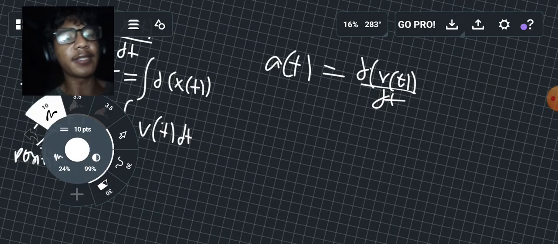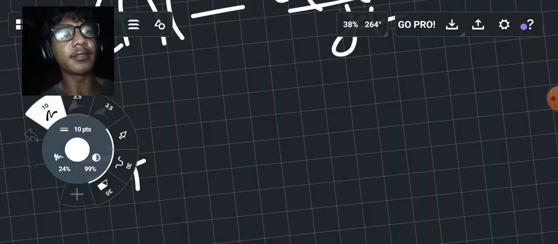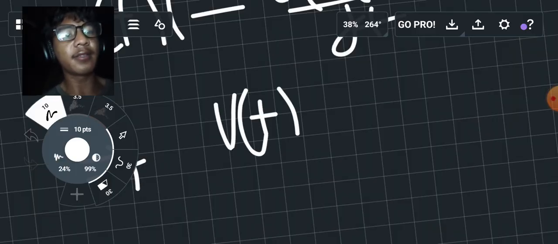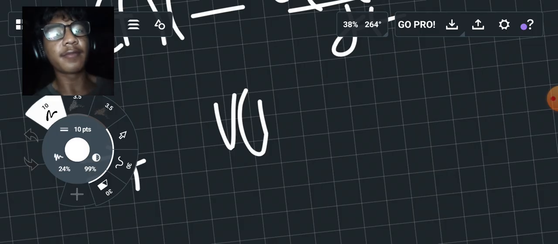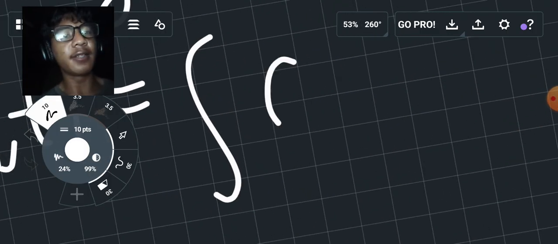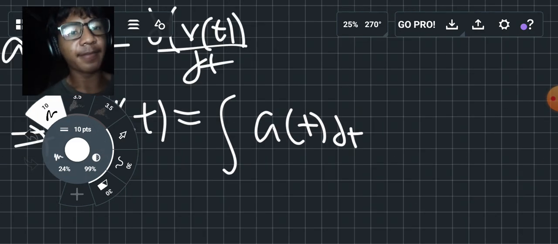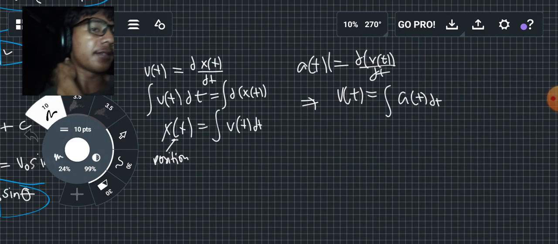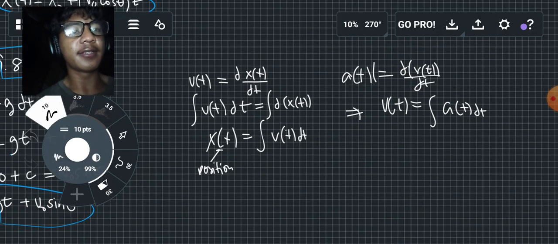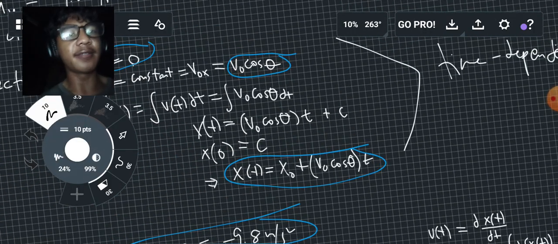And if you work out the same math, we just get v of t is nothing but the integral of the acceleration function. Okay, so that's where I got my formulas back here.